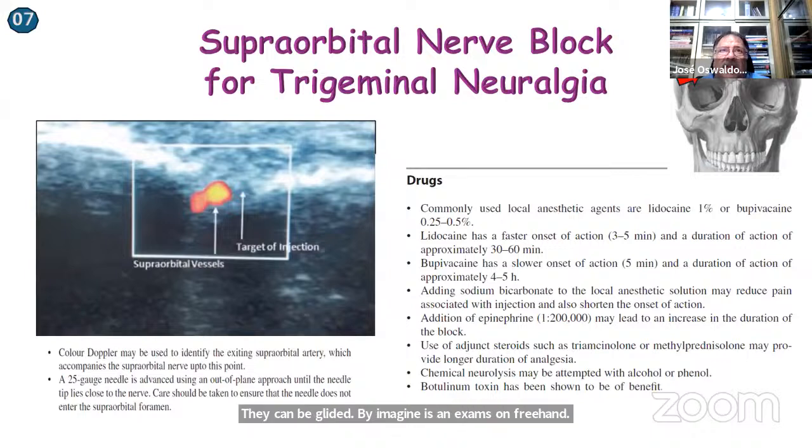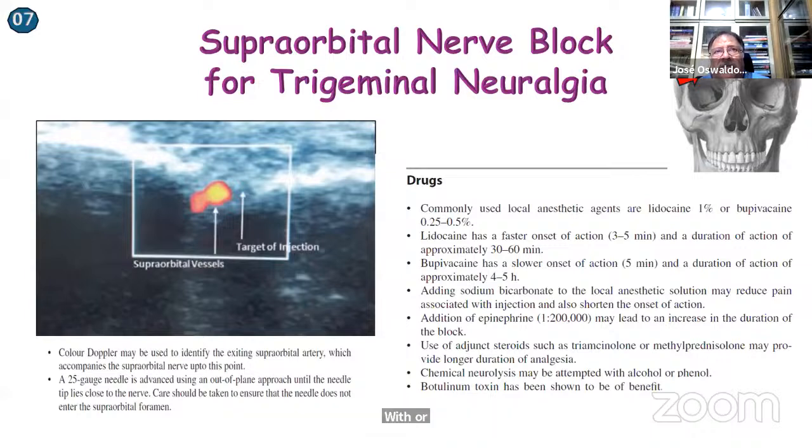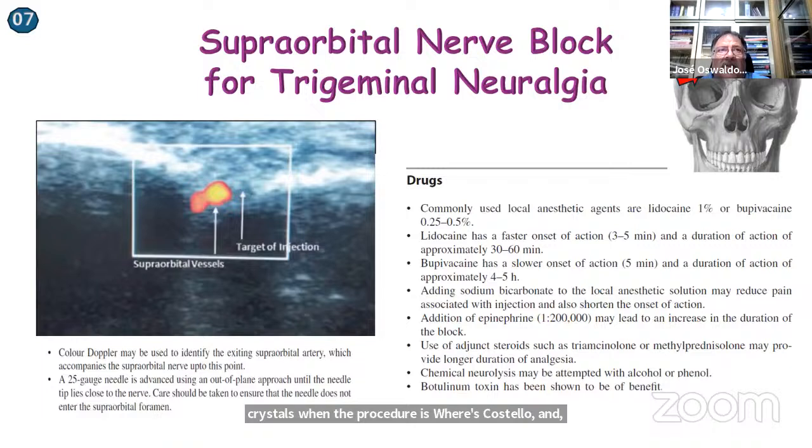The most commonly used drugs are lidocaine and bupivacaine, with or without addition of sodium bicarbonate, with or without vasoconstrictor, with or without corticosteroids. When the procedure is ablative, corticosteroid, alcohol, phenol, and glycerol are the most chosen neurolytic agents. Botulinum toxin may also be beneficial.